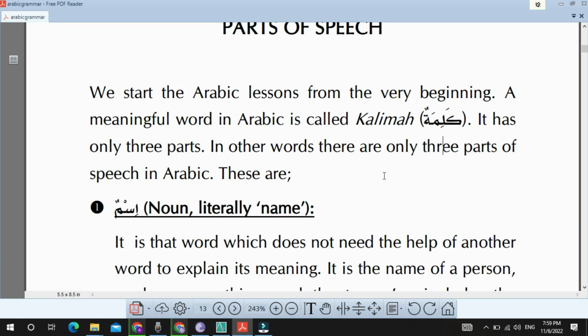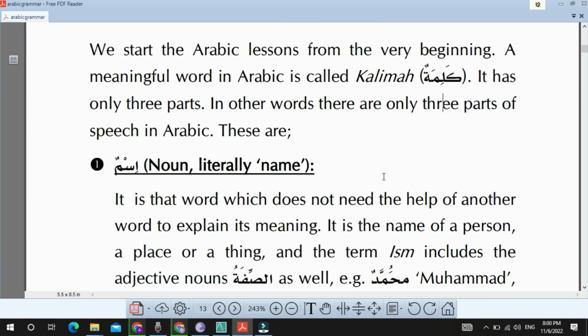The basic parts of speech in Arabic are really three. But after learning some lessons from Arabic grammar, we will divide each part into some subcategories.